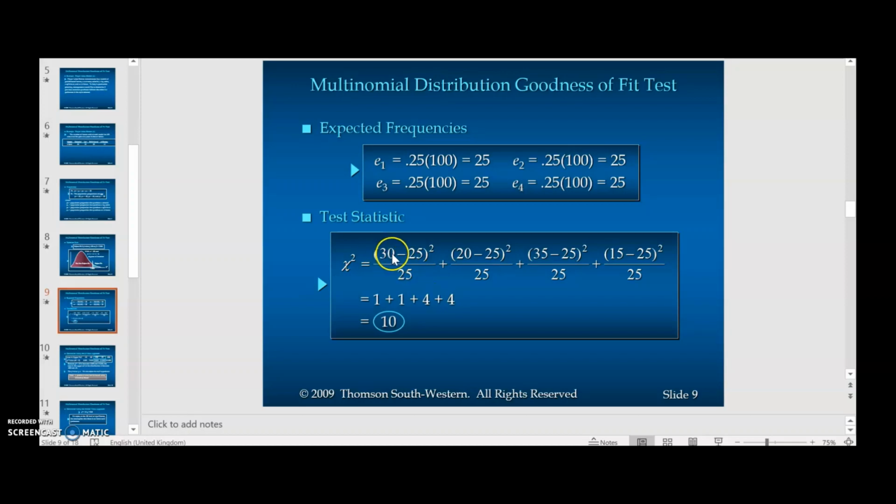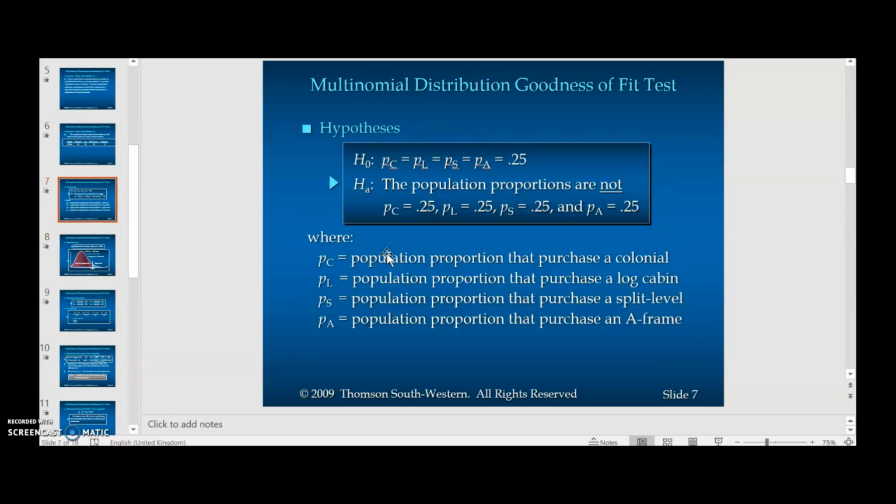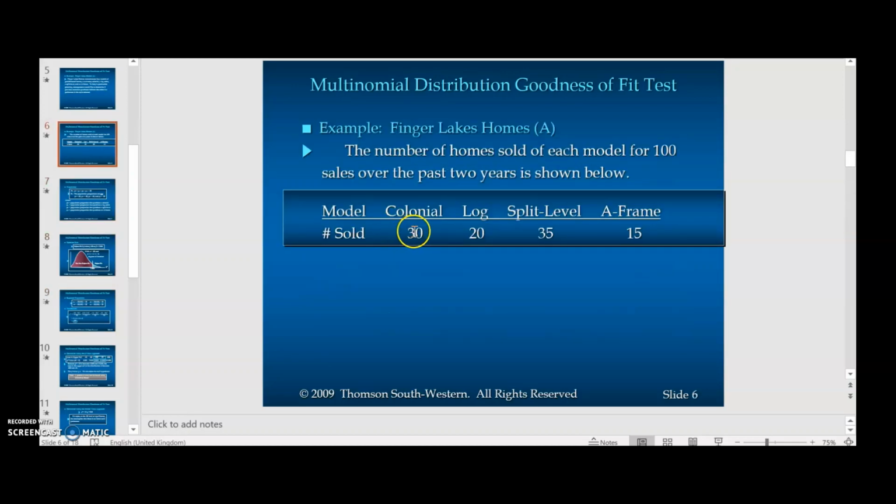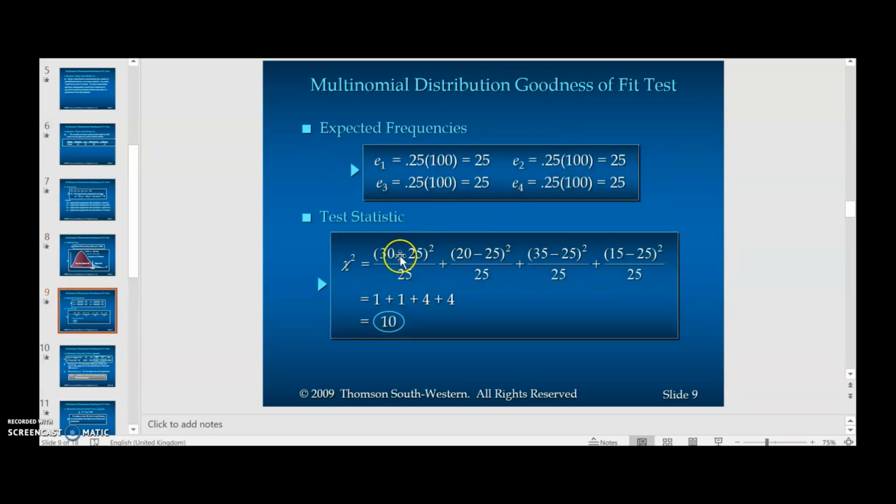This 30 here is obtained based on the number of sales for the first category. Our first category is the colonial. Minus 25. This 25 is obtained based on the expected frequency for the first category, the colonial house.